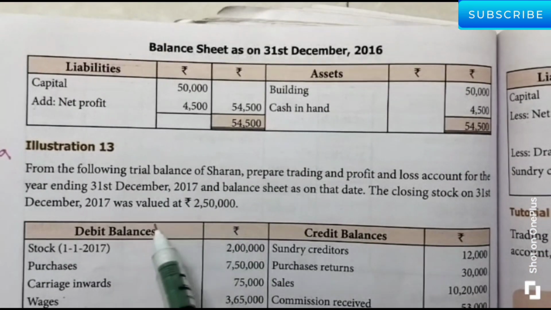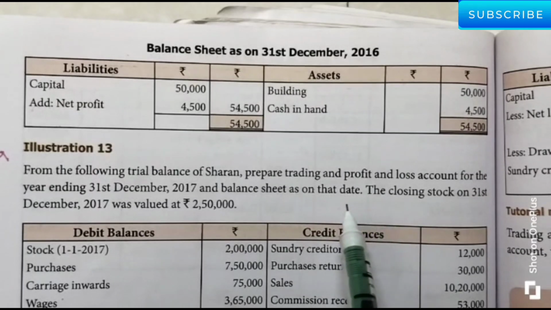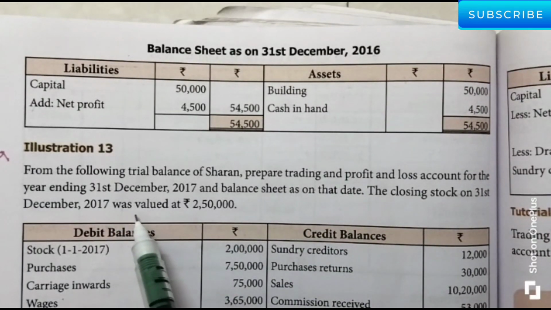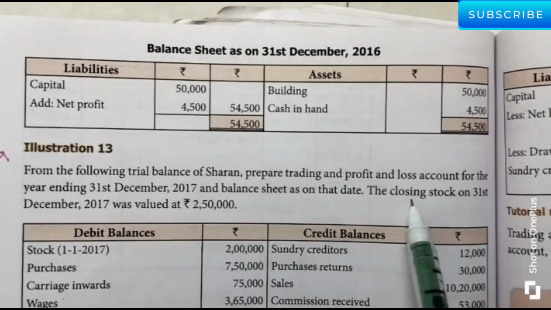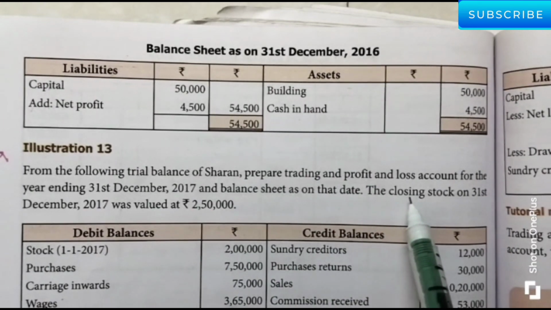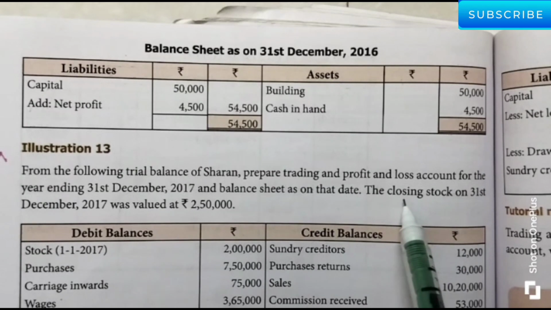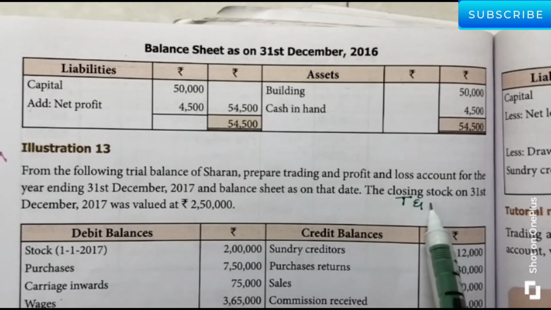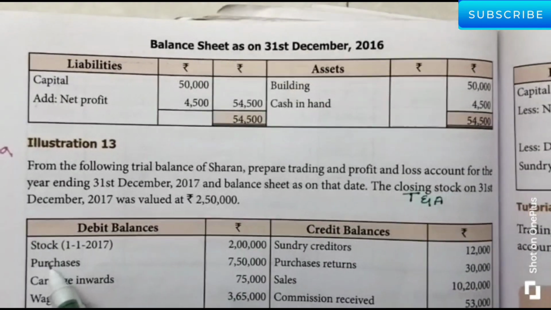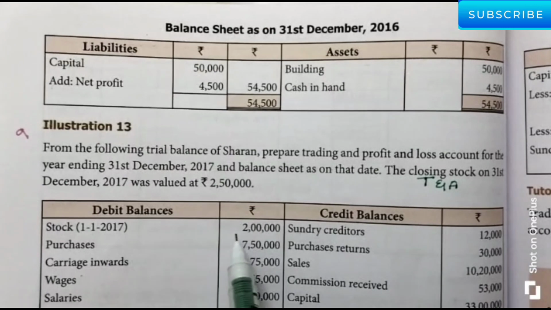First we have to go on heading, that is closing stock as on 31st December 2017 was valued at 2,50,000. So closing stock comes to trading account and asset side of the balance sheet. Stock 1/1/2017 2 lakh rupees.